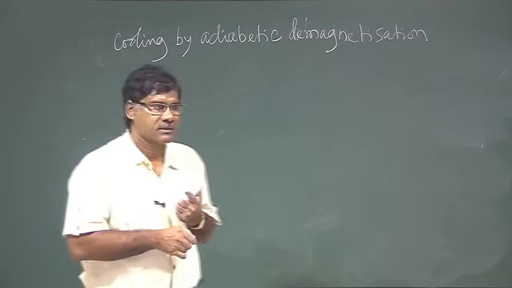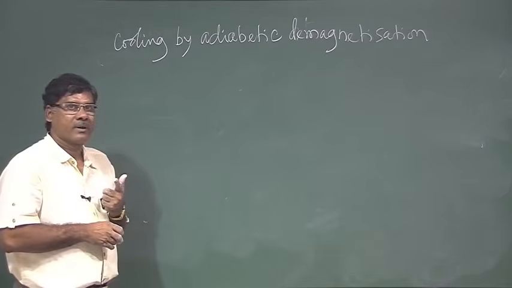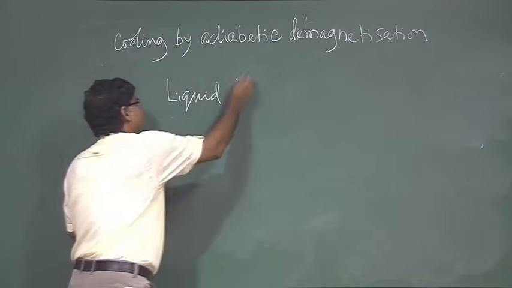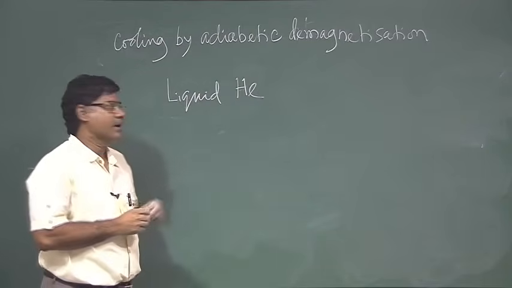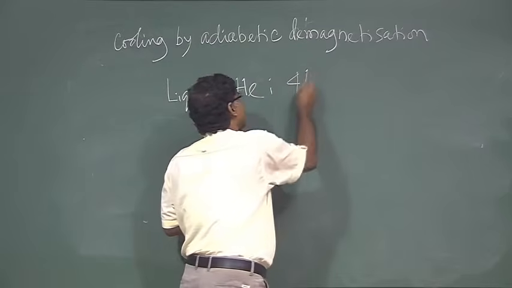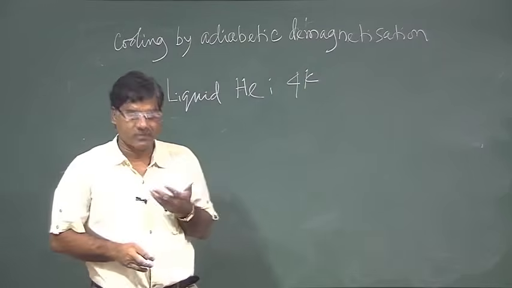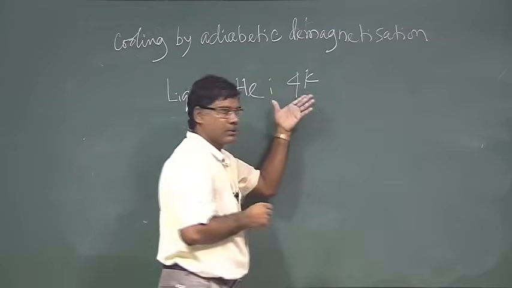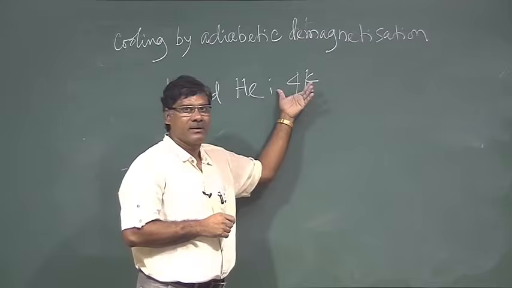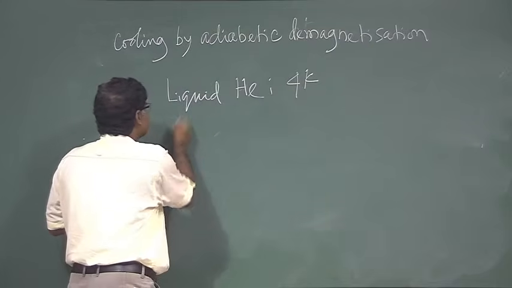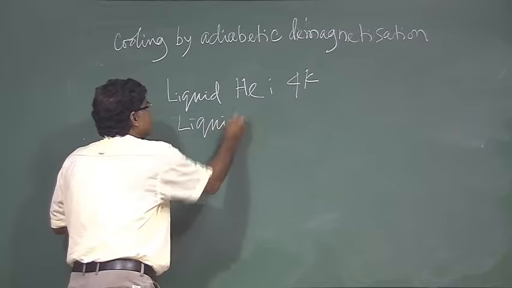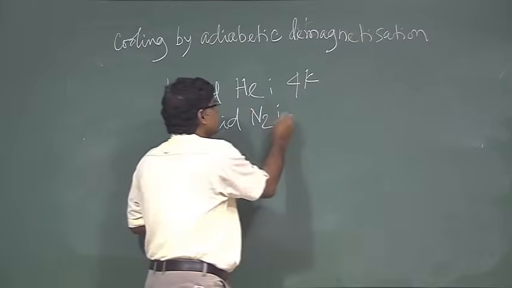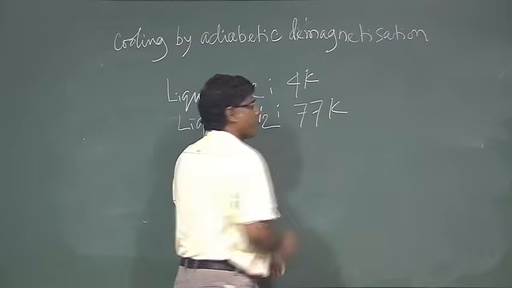You know this, using liquid helium, we can go up to 4 Kelvin. I do not know whether you have seen or not, but we use in our lab this liquid helium to get temperature 4 Kelvin, and I think in many places liquid nitrogen is used, right, and that is 77 Kelvin. Okay.